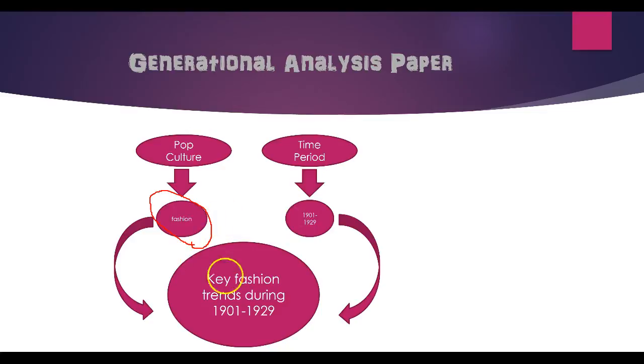You put those two things together and you get the key fashion trends during 1901 to 1929. So if you were doing your first generational analysis paper on fashion, then you would be doing some research on the key fashion trends during those years, and that's what you're writing about. That's pretty much it. That's a quick and easy way to sum up what you do on these papers.